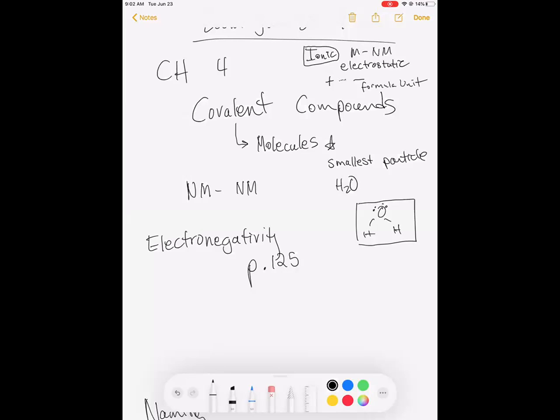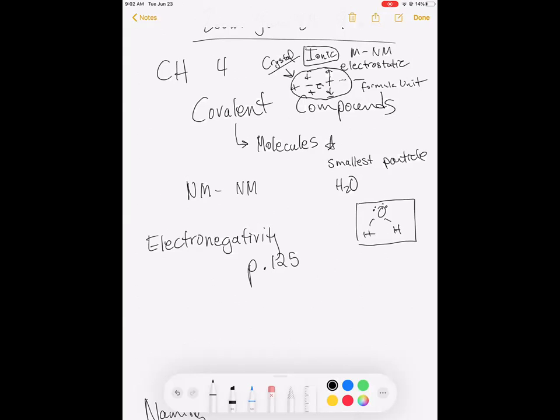A formula unit, because in ionic substances all positive charges are attracted equally to the negative charges around them. And likewise, negative charges are attracted to the positive charges around them, and so on throughout that entire unit that we call a crystal. You know that salt is a crystal if you look at it close enough.